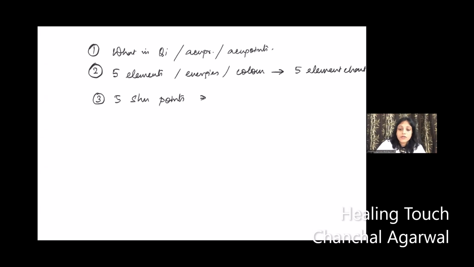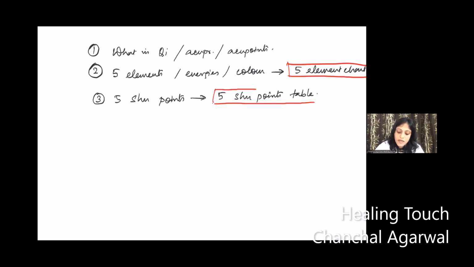So this also has a 5 points table or chart. Yes, 60 command points. Fourth one was organ source point. You should know what is organ source point. Then distal point.